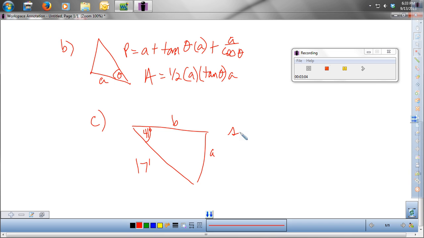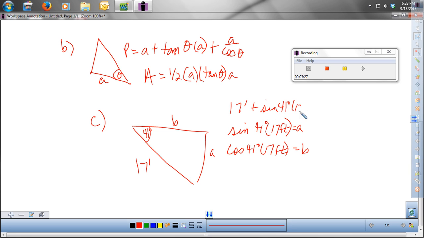So the sine of 41 degrees times 17 feet would be A. And then the cosine of 41 degrees times 17 feet would be B. And you can solve, and then they say, well, it's 17 feet plus sine 41 times 17, plus cosine 41 times 17 feet.